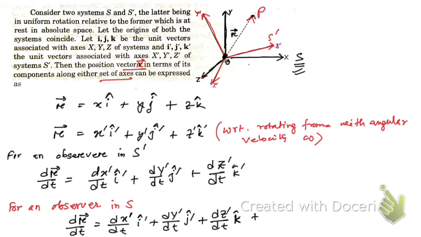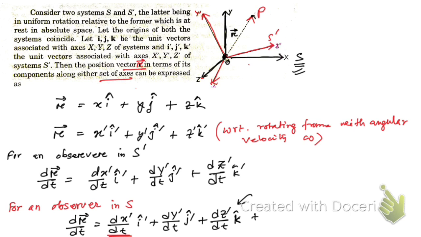So here you see this is nothing but the velocity of the particle P with respect to the x, y and z axes. These three components give the velocity along x dash, y dash and z dash.